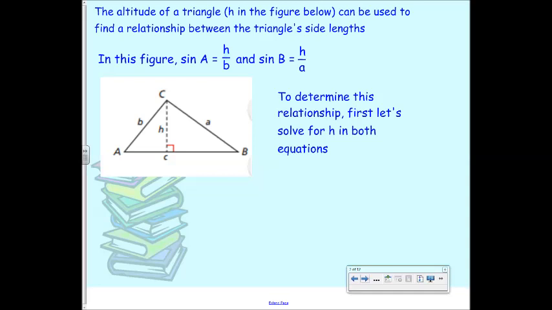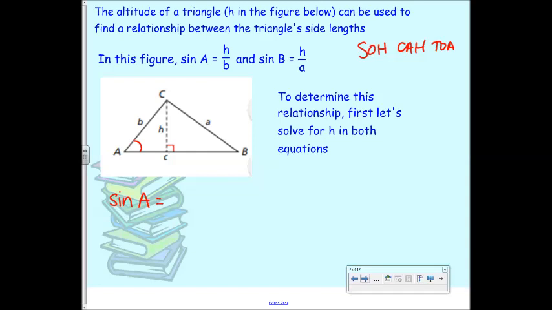Okay, take a look at this. If I have sine A, what is sine? It's opposite over hypotenuse. So the sine of A would be equal to what?